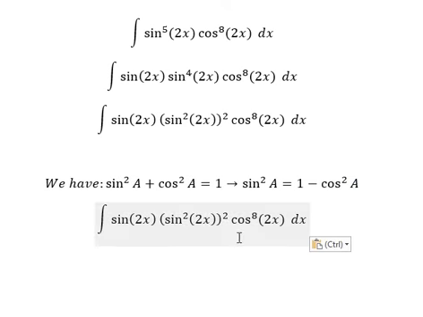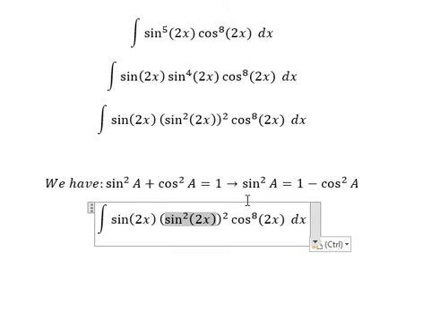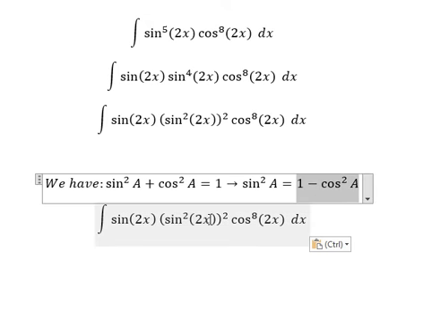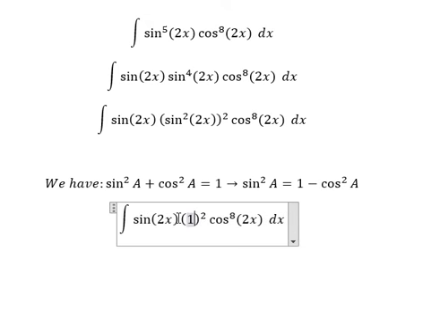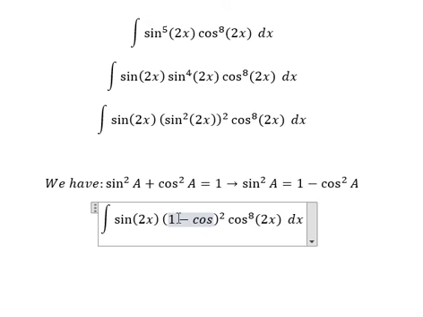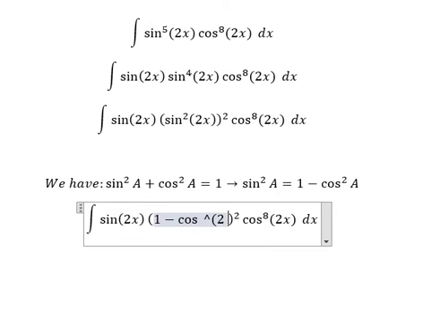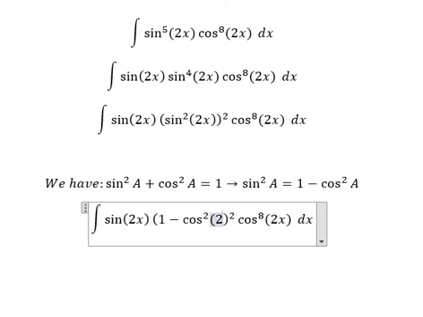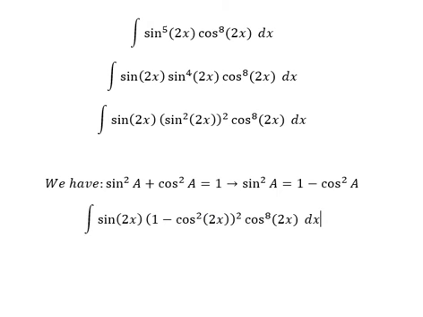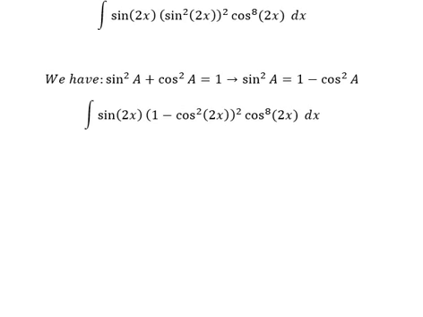So we need to transform this one into this one, and that is 1 minus cosine 2x, everything to the power of 2. Next, we need to use integration by substitution.